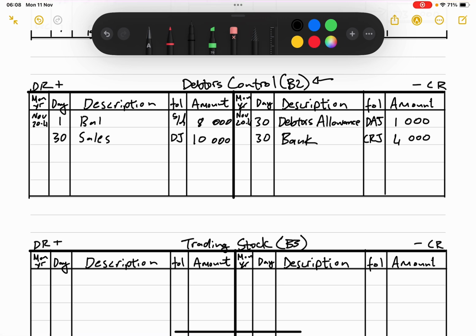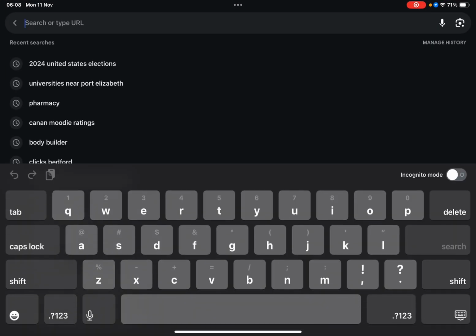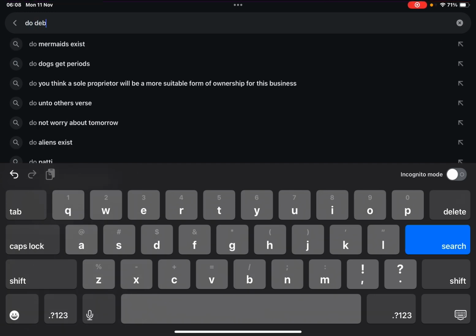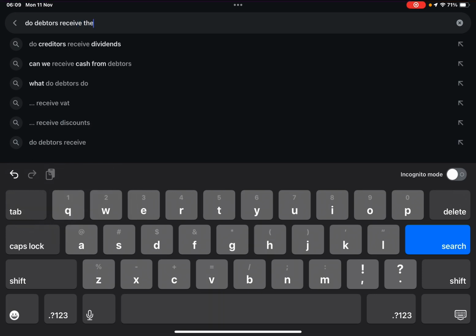Your DHA, you'll give people the debit and credit notes, or you'll give them a credit note. Yeah? No? Okay, wait, let me just Google that, just so you guys know. Do debtors receive the debit or credit note?